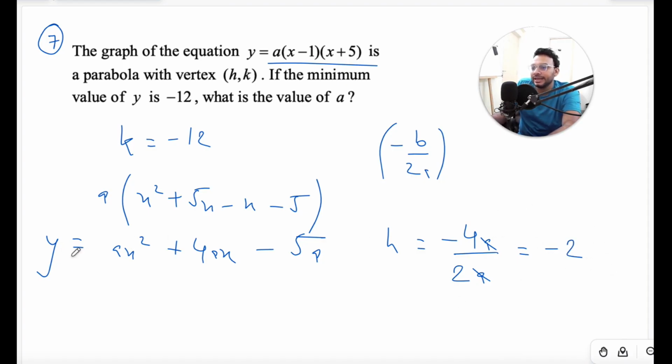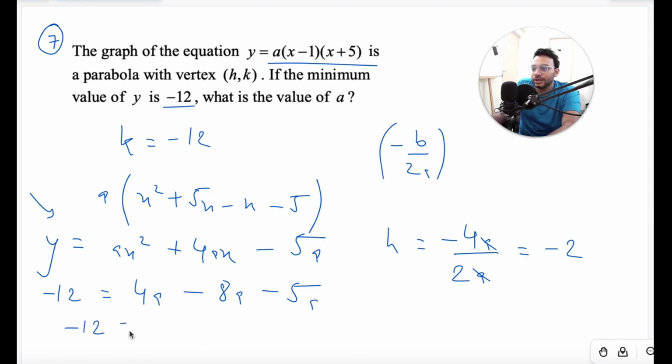Let's put a negative 2 in place of x in this equation and y as negative 12, which is given. So negative 12 is equal to negative 2 squared is 4a minus 8a, because x is negative 2, minus 5a. Okay, so 8 and 5, 13, negative 13 and positive 4 is a negative 9a.